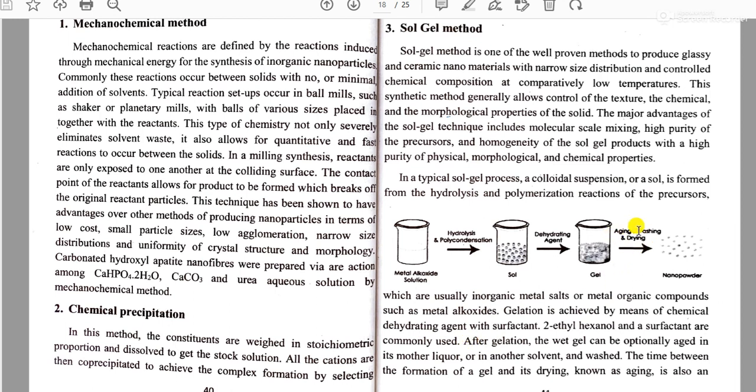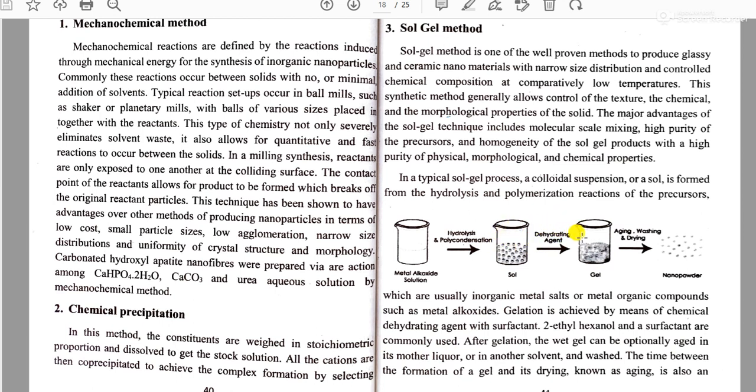And after gelation, the wet gel can be optionally aged in its mother liquor. Mother liquor means the medium in which the reaction has been carried out, and the medium having all these reactants, unreacted reactants, solvents, etc. This is the mother liquor.